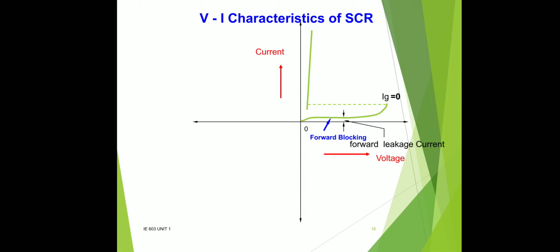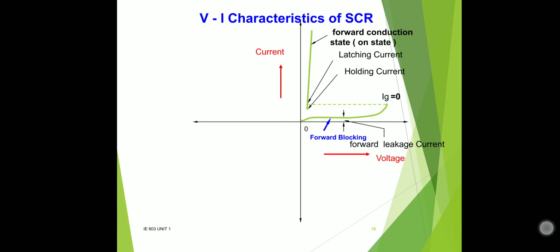If it is increased, the junction J2 also breaks due to the avalanche effect, and current flows from anode to cathode. That means there is a conducting state. The device is in the forward conduction mode or forward conduction state. Here there are two currents, holding current and latching current.